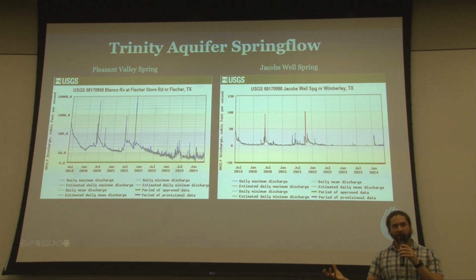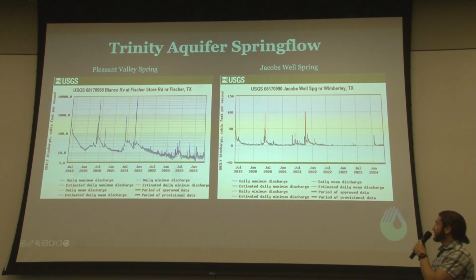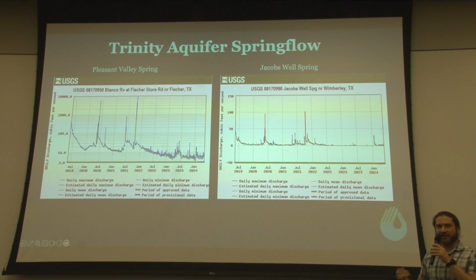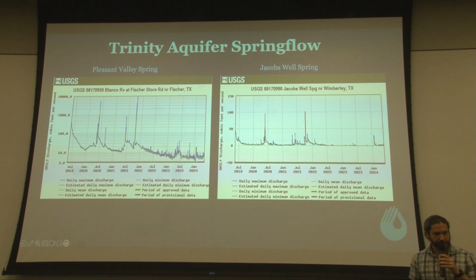Its flow has stopped before, but last year was really the first time that the water level dropped below the surface of the spring outlet. So again, you can see in recent months, Jacob's Well did start flowing again, but it really hasn't been consistently flowing, and without more rainfall, it's likely that it will stop flowing again soon.